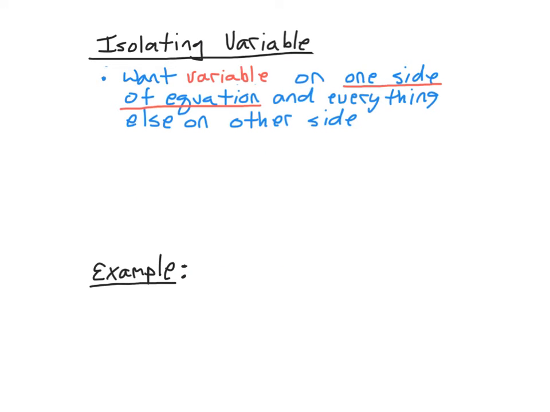Okay, our last piece that we need to understand is this idea of isolating the variable. What does that mean, isolating the variable? And I've written it here so you can read through it, but the basic idea is we want the variable on one side of the equation and everything else on the other side.